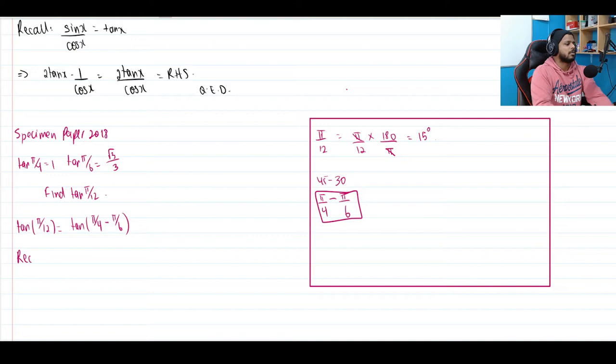Then I'll recall my compound angle formula. Tan of A minus B. Remember, the minus sign goes on top.